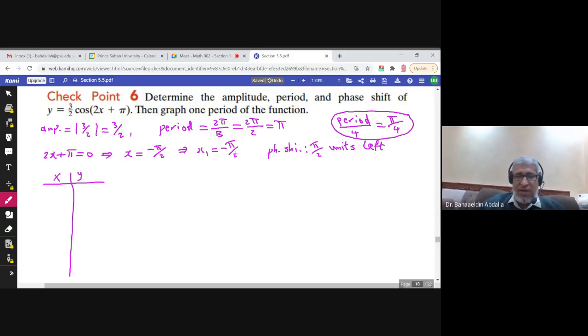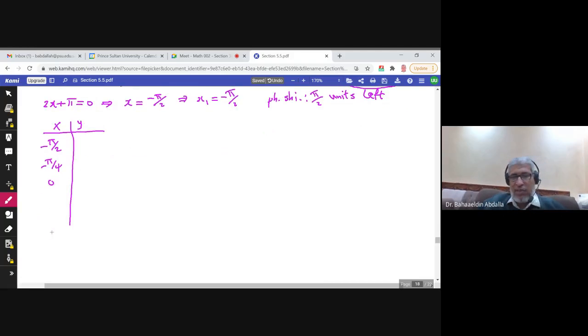The first x value is negative pi over 2. I find the second one by adding period over 4, which is pi over 4. If you add negative pi over 2 plus pi over 4 using the calculator, you will get negative pi over 4. Adding another pi over 4, you get 0.